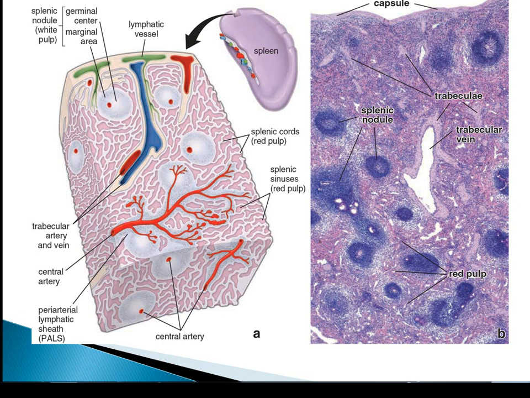The endothelial cells of the sinusoids are unusual, and so here these are the white pulp and the red pulp of the spleen.